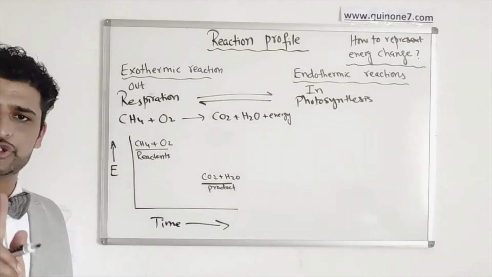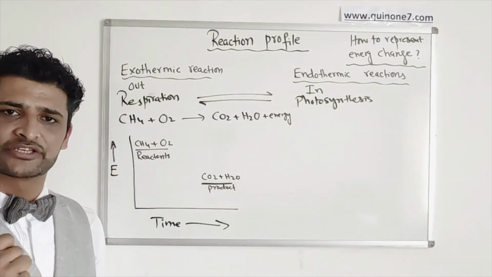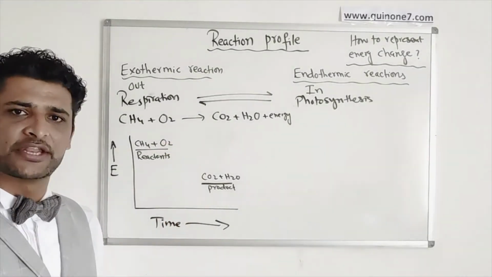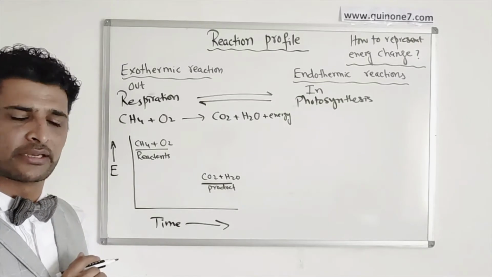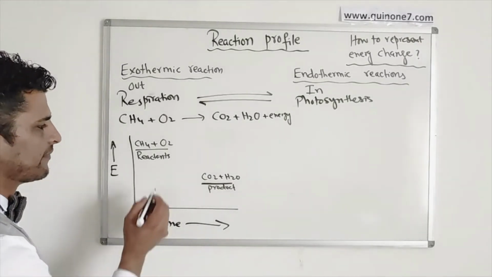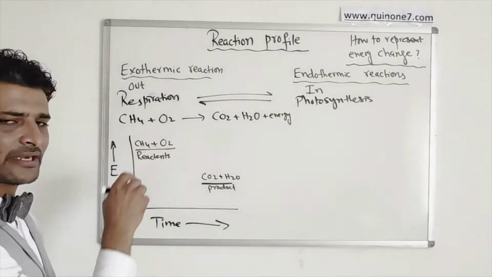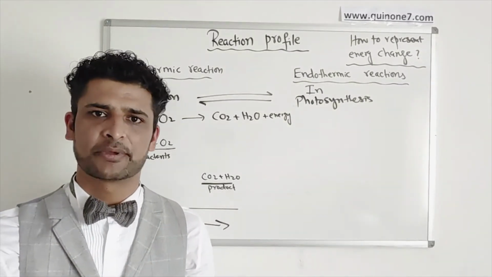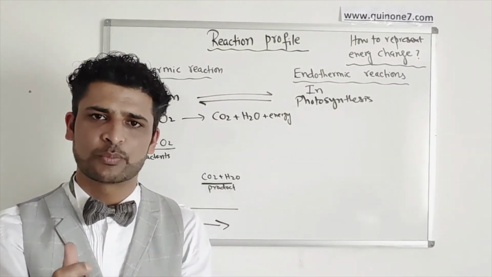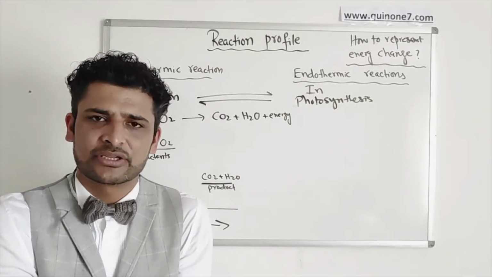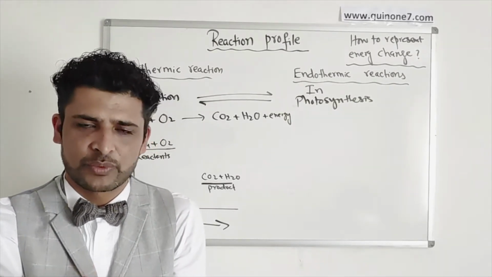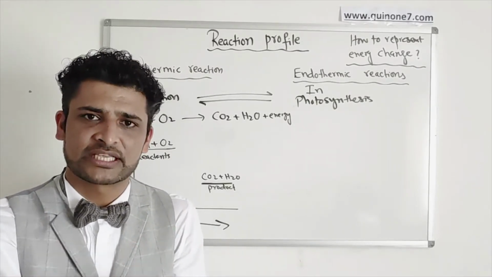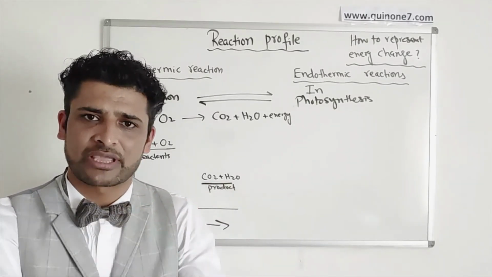Now there are two things you need to learn. One, activation energy. Second, the difference of energy between reactants and product in the reaction profile. When you have the reactants, if you mix methane gas and oxygen and sit all day, nothing is going to happen. You have to provide some activation energy, which makes them aggressive, so they can bump into each other with successful collisions and start the chemical reaction.